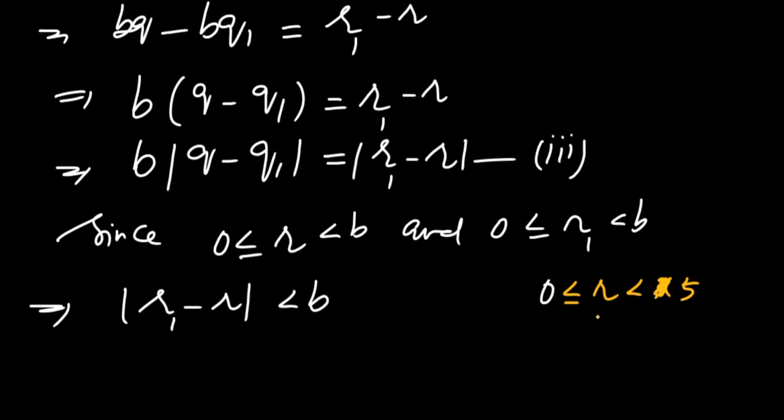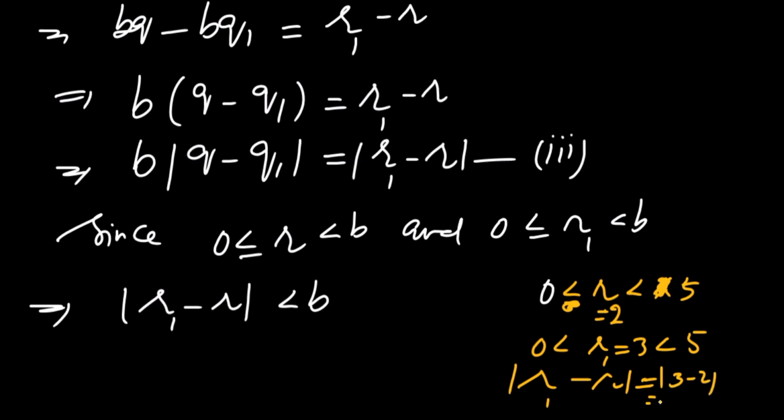Suppose R is equal to 2. The next one is suppose the value of R1 is equal to 3. This is also less than 5. Clearly, when you find the difference of both values of R, this absolute difference is equal to 3 minus 2, which is equal to 1, clearly less than the value of B. So here absolute of R1 minus R is less than B.